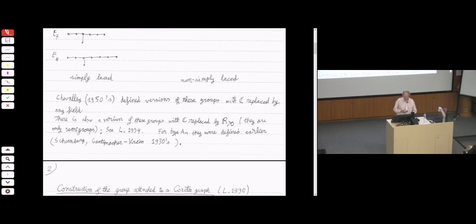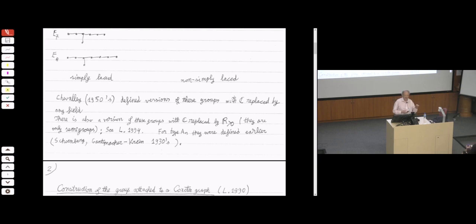In any case, for type An, these semigroups were defined a long time ago, by Schoenberg and Gantmacher-Krein, in the 1930s. One interesting thing is that these were discovered quite independently in two places which are very close to each other.